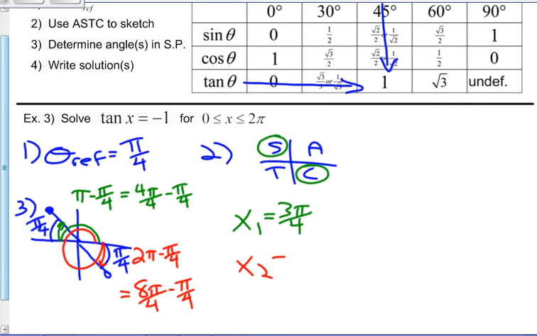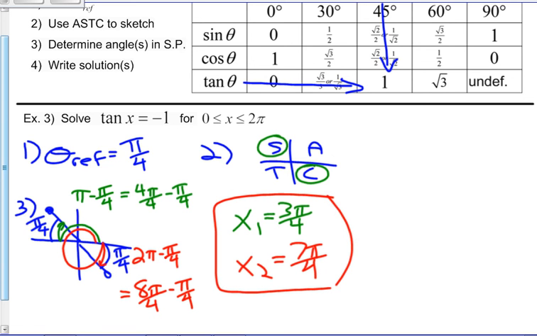So the second solution is going to be 7 pi over 4. Okay, so there's just that extra little step of finding a common denominator. Remember that half a revolution is pi, and a full revolution is 2 pi.